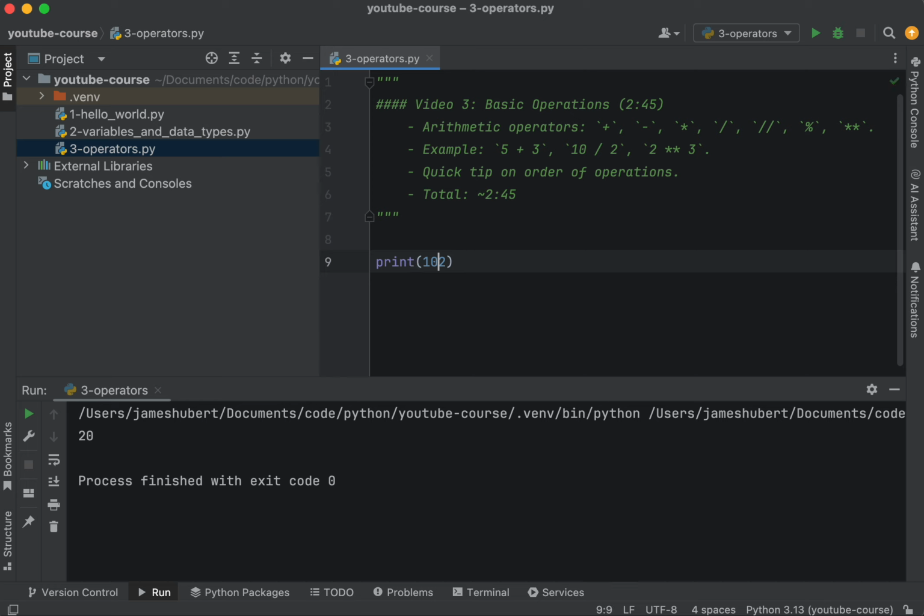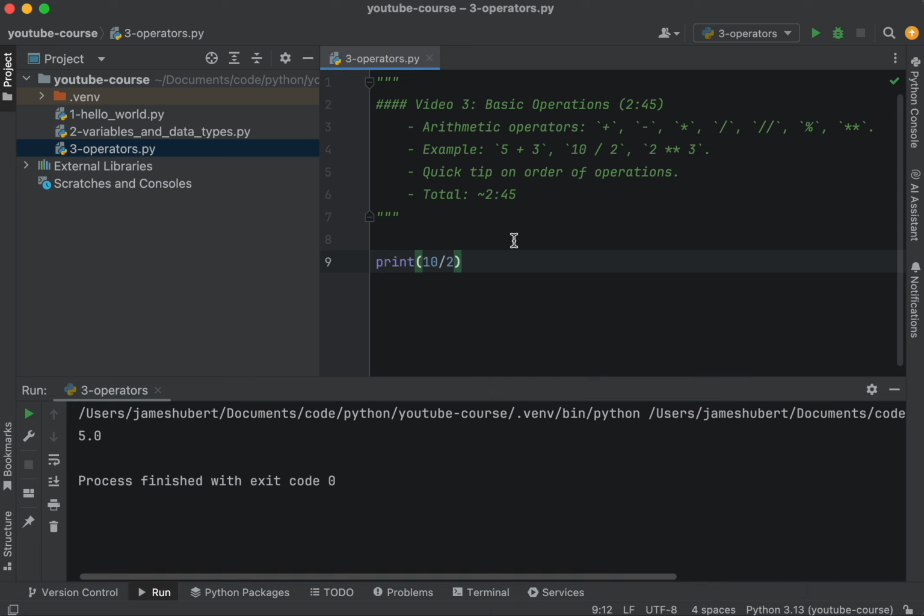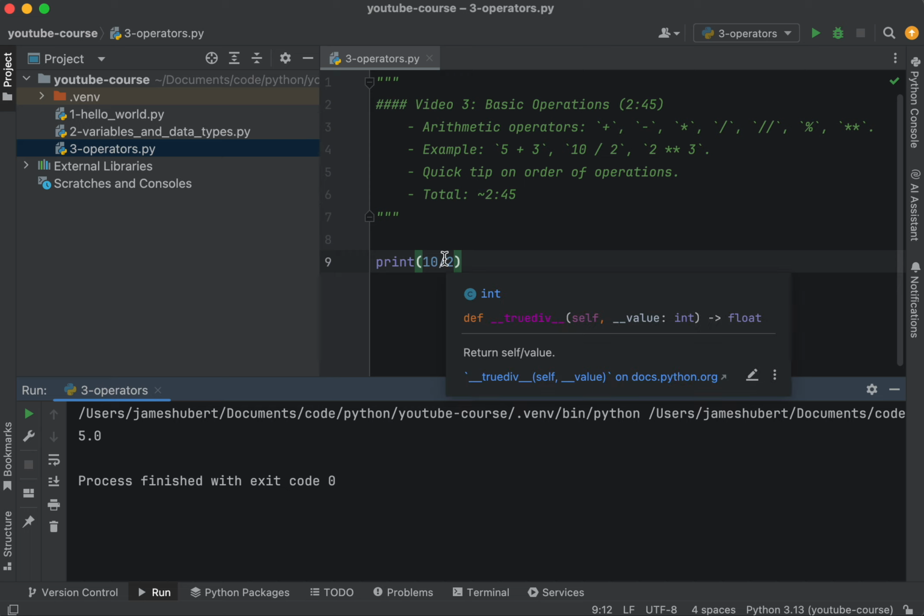What happens if we do 10 divided by 2? Should return 5, correct? And it returns 5.0. Now this is just a Python thing. The division operator is always going to return a float. That's just a decision that they made, and it is part of programming in Python.